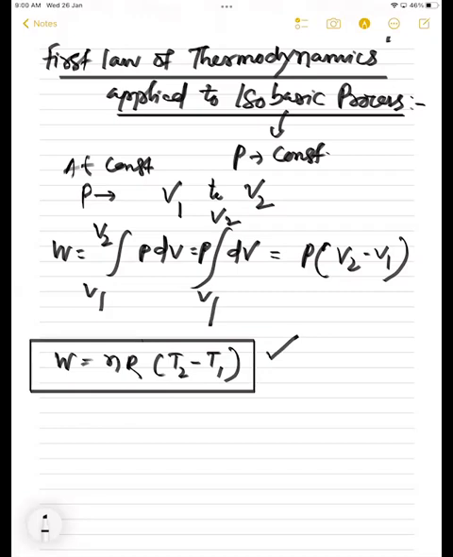Understood or not, students? So that means in an isobaric process, the absorbed heat partially increases internal energy and partially does work.